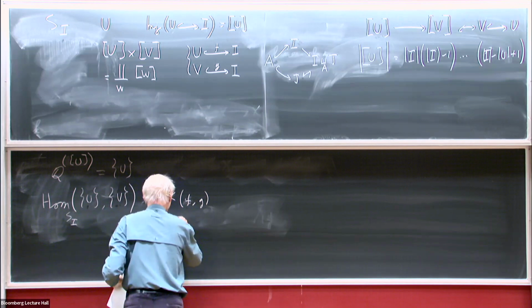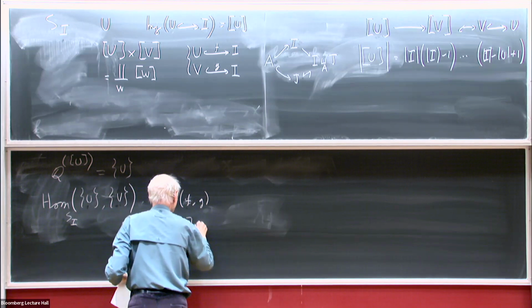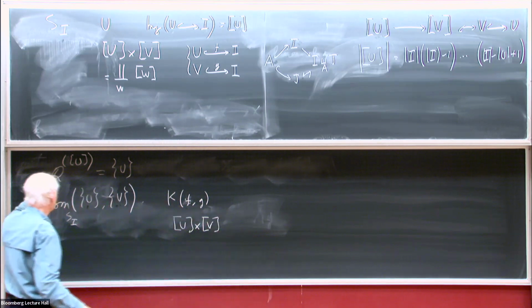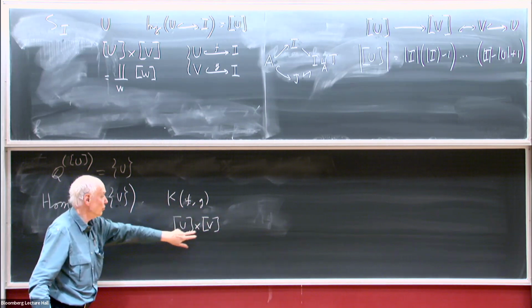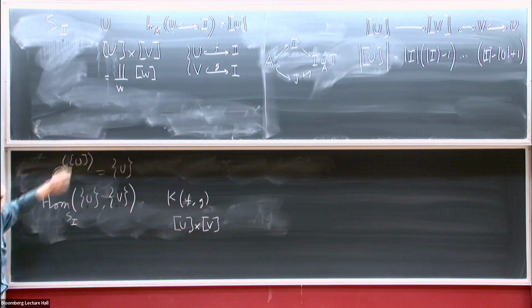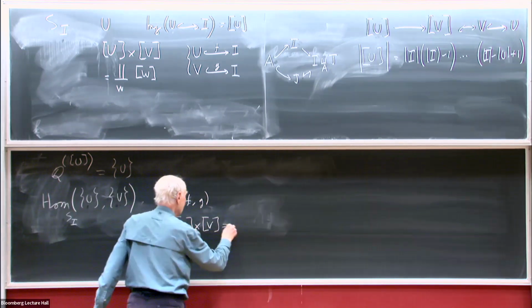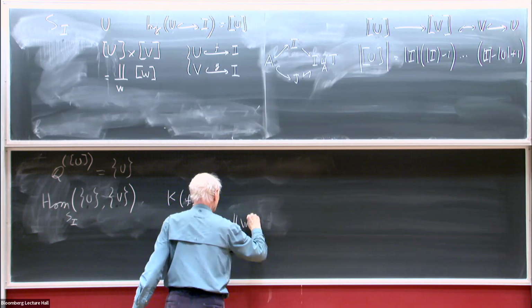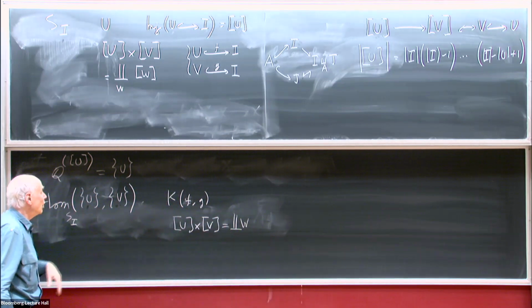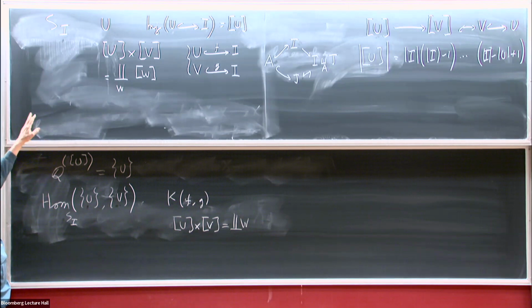So a basis corresponds to orbits of the symmetric group in U times V, which we have seen is something independent of the cardinality of I. So you have that this Hom group has again a basis independent of I, at least if I is big enough.